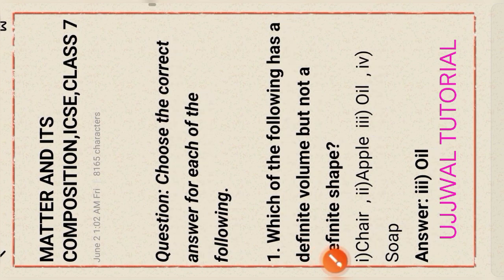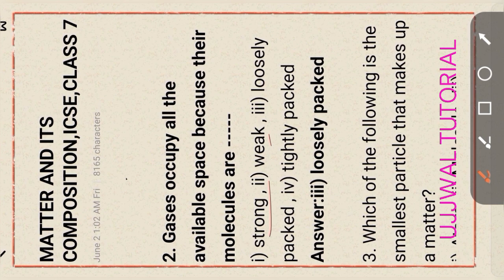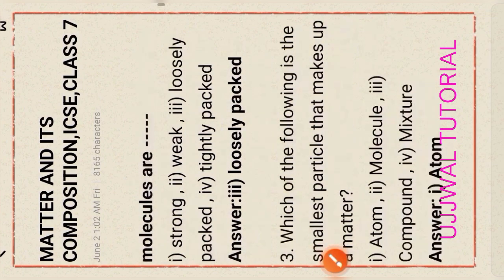Next question. Gas occupies all the available space because their molecules are strong, weak, loosely packed, tightly packed. Loosely packed. Gas occupies all the available space because their molecules are loosely packed. Next question.